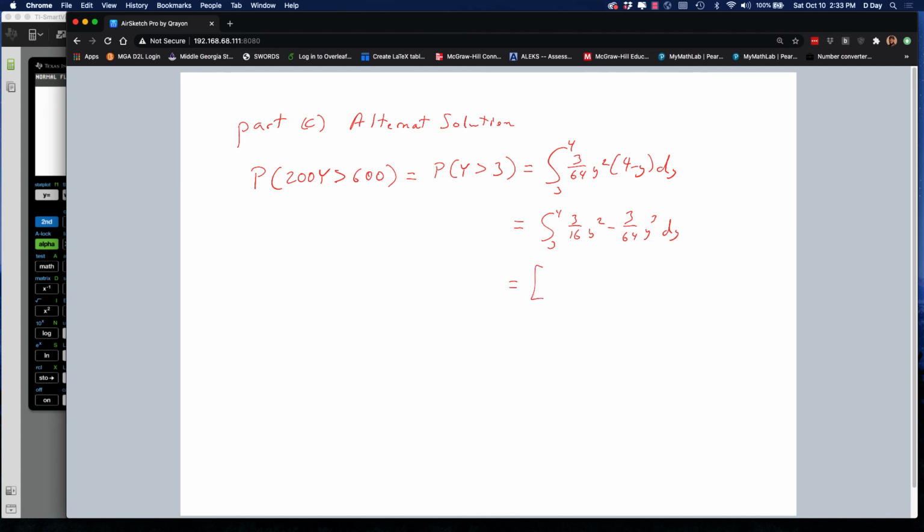which equals 1/16 y cubed minus 3 over 256 y to the 4th, evaluated from 3 to 4. We need to plug both of those in, so we get 1 over 16 times 4 cubed minus 3 over 256 times 4 to the 4th, minus that stuff with 3 plugged in.